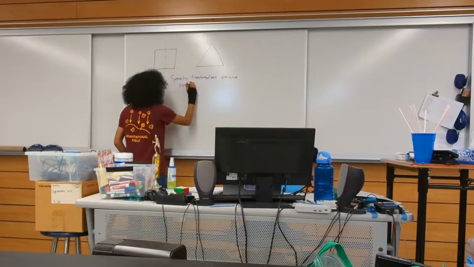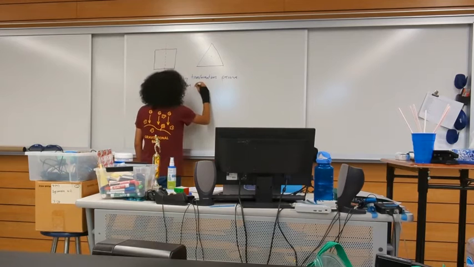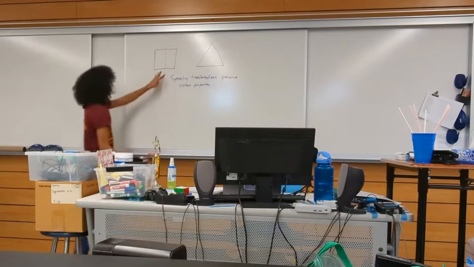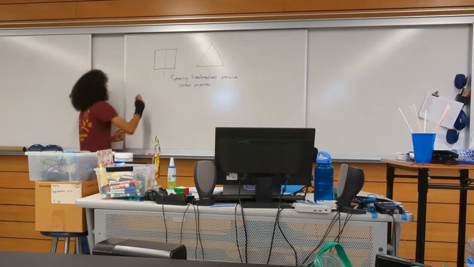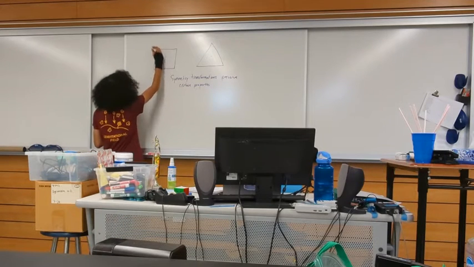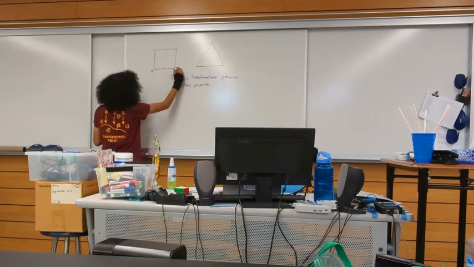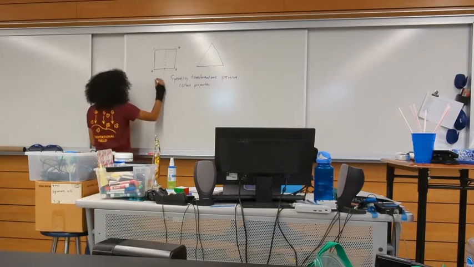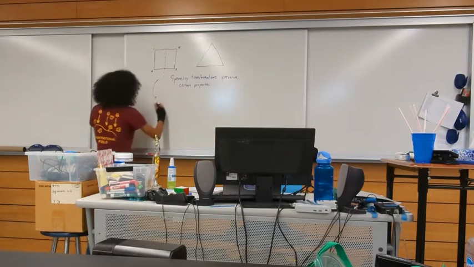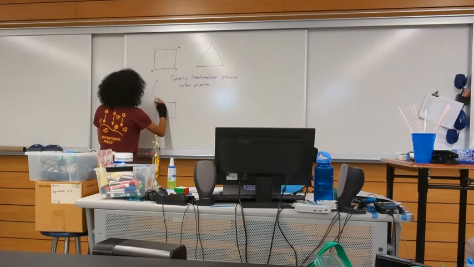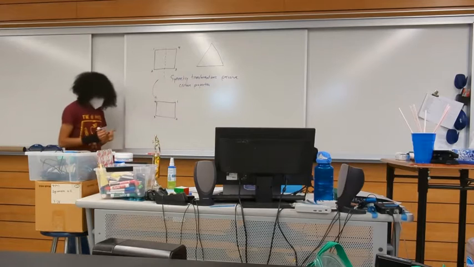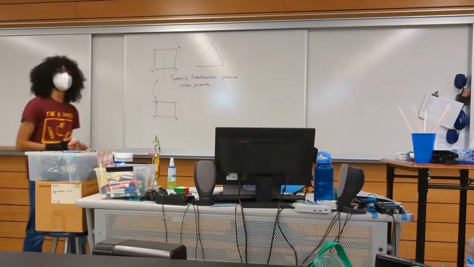Okay. The idea is that when we transform the square, let's say, when we reflect it, it's not literally the same. And we can see that because if we label these points 1, 2, 3, 4, and then do the reflection, we end up getting a square, but the points will be 4, 1, 3, 2. Does that make sense?